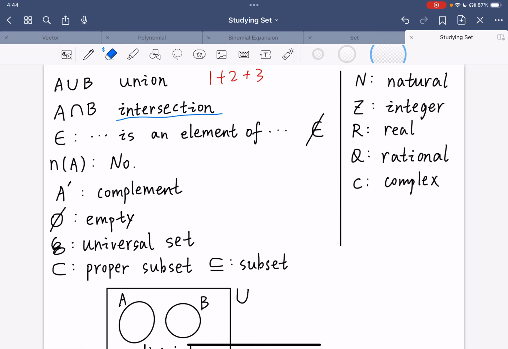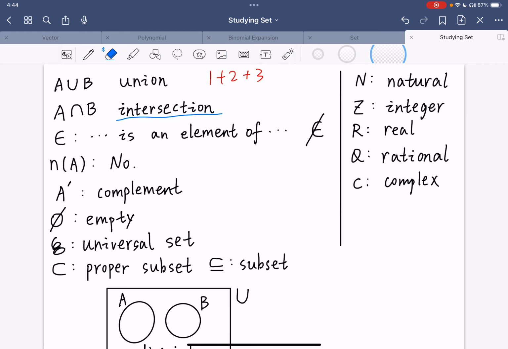Another thing you have to keep in mind is the empty set. The empty set is actually very easy to understand. See this diagram, the Venn diagram. By the way, this type of diagram has a name: Venn diagram. In this Venn diagram, we can see that there is no intersection between circle A and circle B, right?